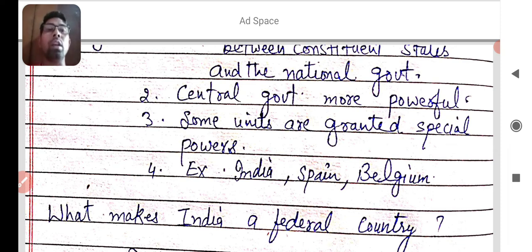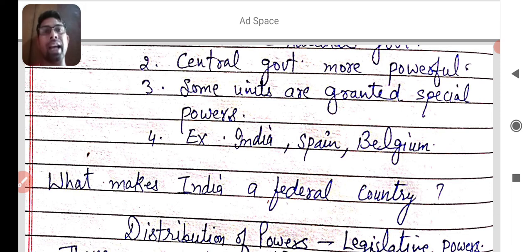So you learned this point with the help of an example. And the examples of countries where holding together federation is there: India, Spain and Belgium. I think you can write an answer when there will be a 5 marks question in the exam.